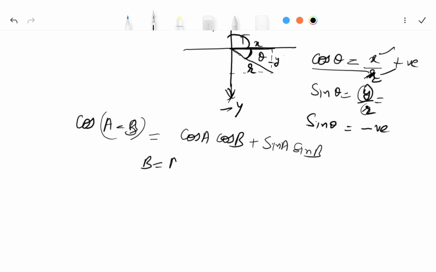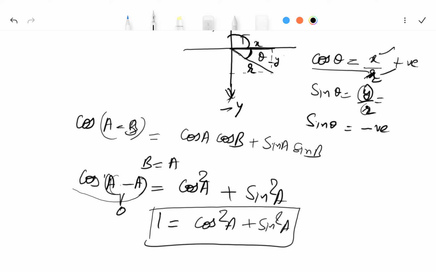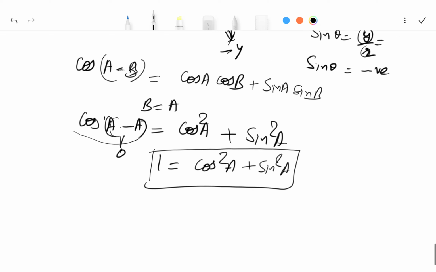Cos A minus A equal to cos square A plus sin square A. Cos A minus A is cos 0, which means 1. I am getting the first formula which I have derived, cos square A plus sin square A, the same formula again.